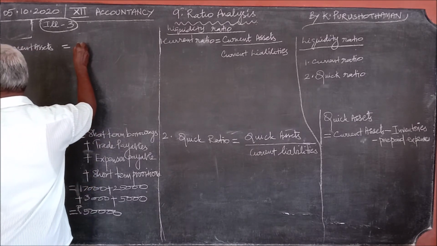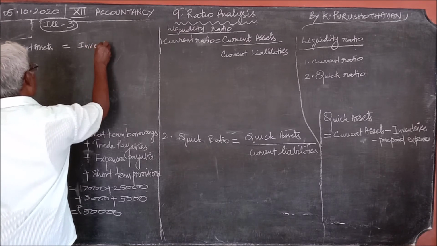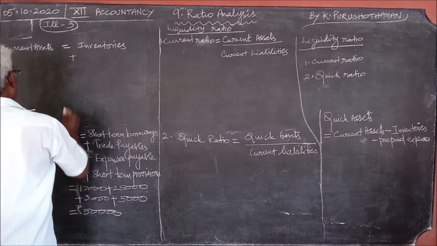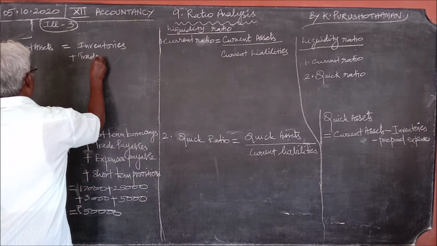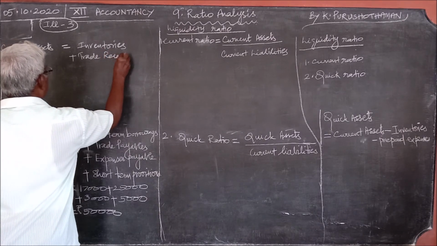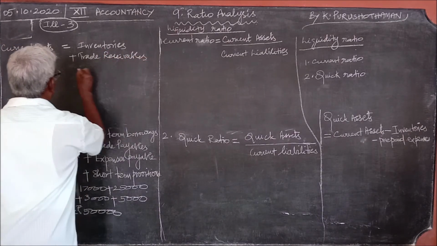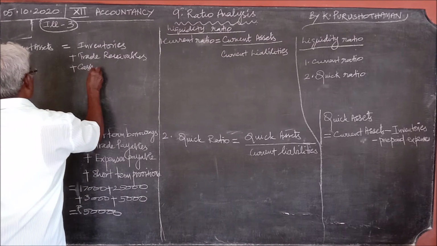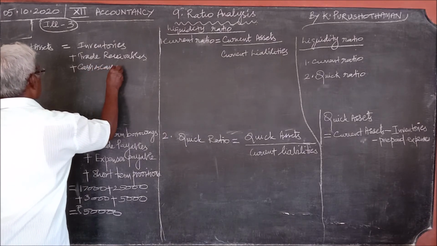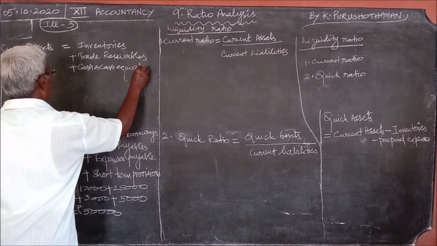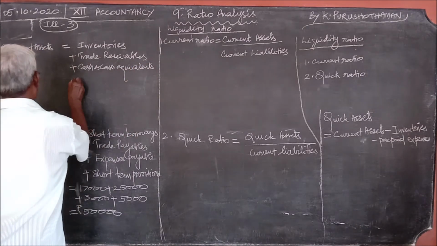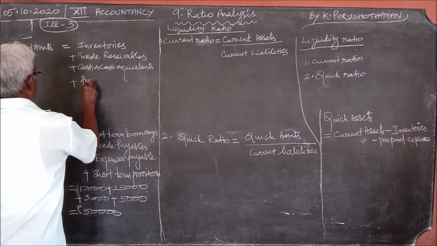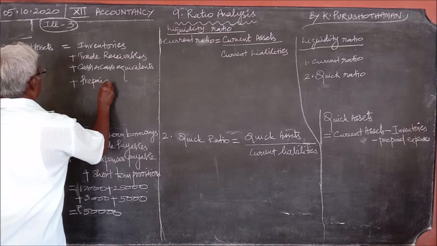So, what are the current assets given? Inventories. Inventories means stock. Second one, trade receivables. Trade receivables is nothing but bills receivable, plus cash and cash equivalents, plus other current assets, prepaid expenses, expenses paid in advance.